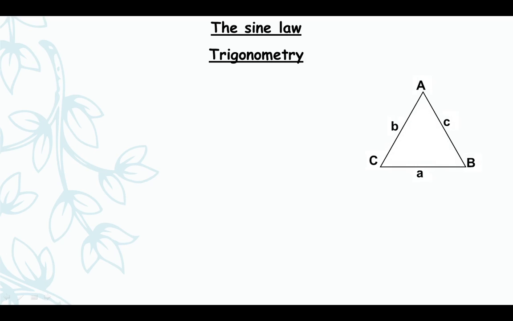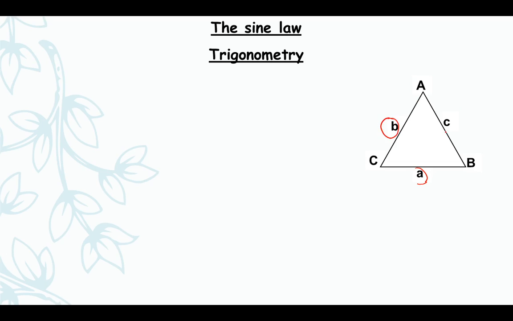In any triangle ABC, as you see in the figure, here the side BC, which is opposite to angle A, is called a small. Also, the side AC, which is opposite to angle B, is called b small.